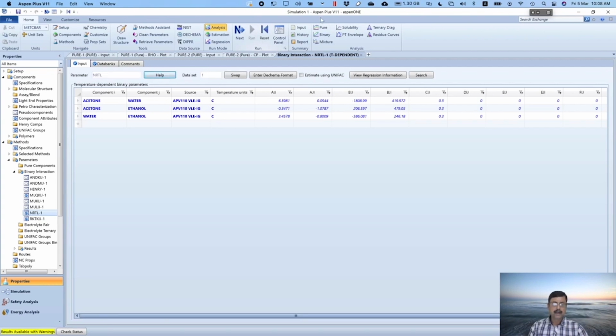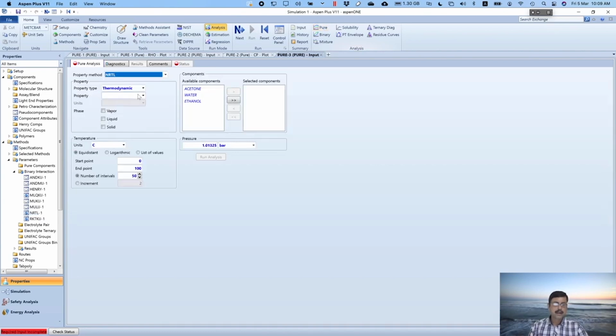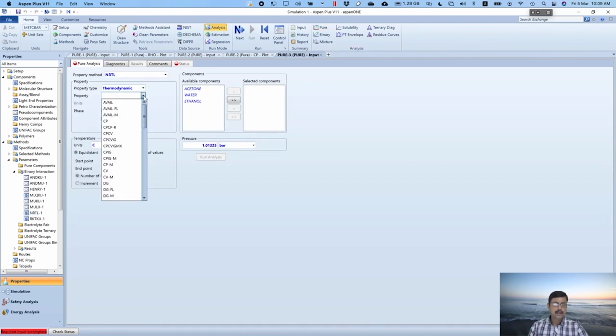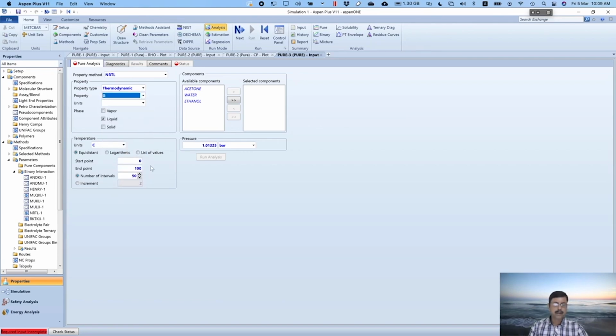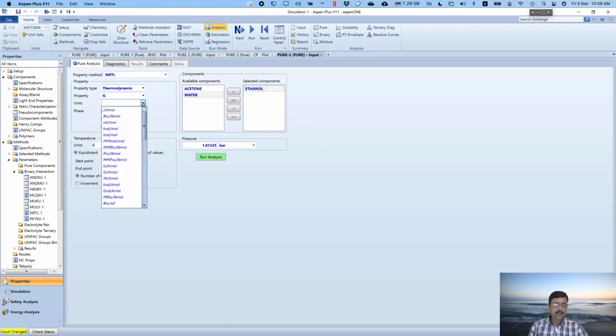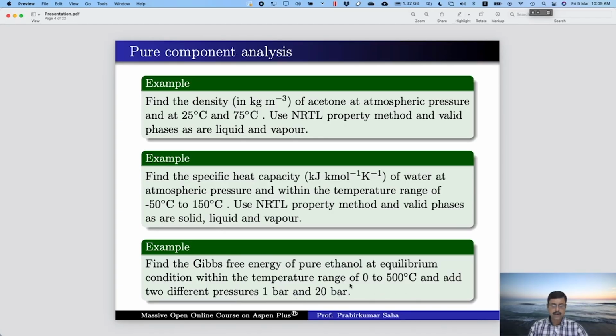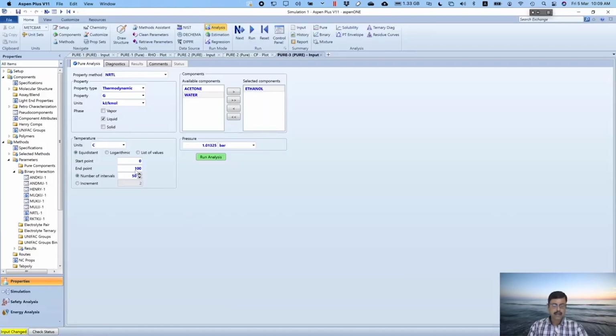Okay. Now let us again choose pure. Here it gives free energy. So this is one, Gibbs free energy of a pure component, ethanol. Unit is kilojoule per kilomole, let us say. And at two different pressures, 1 bar and 20 bar, keep the temperature range from 0 to 500. So keep it 0 and here 500.